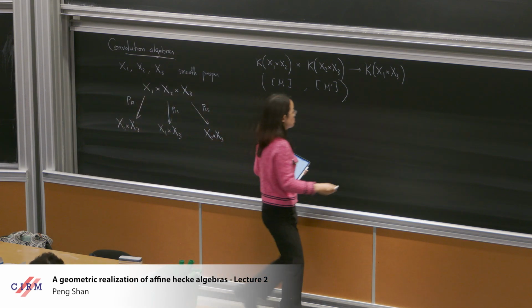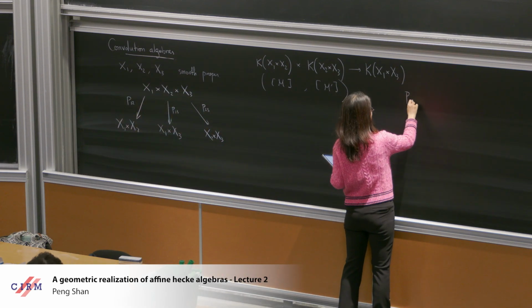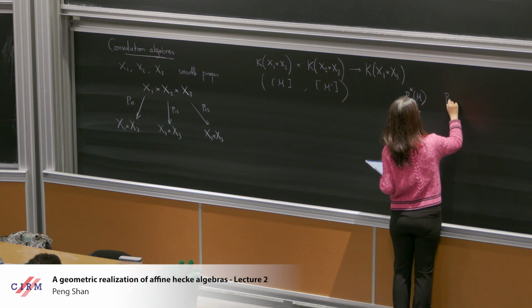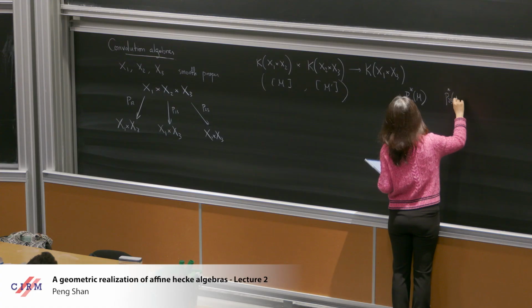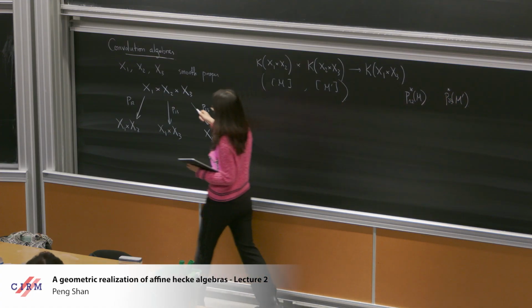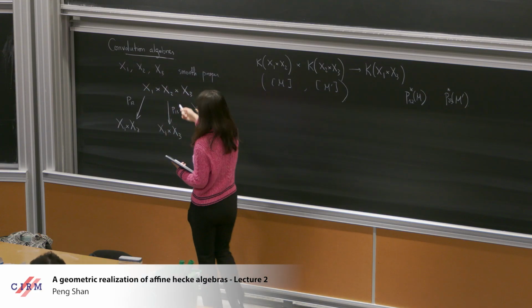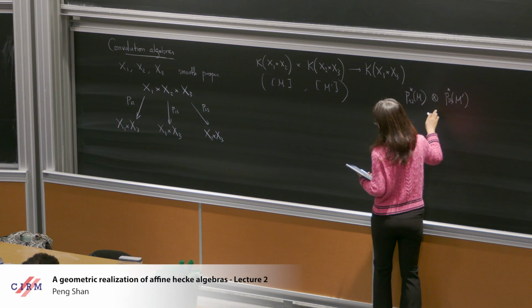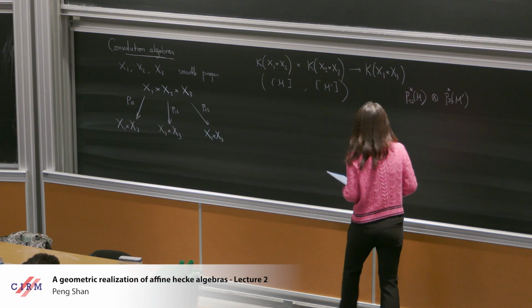So the pullback by P12 of M and P23 of M prime is well defined. And then here it's a smooth variety, and I can do the tensor product on X1, X2, X3.